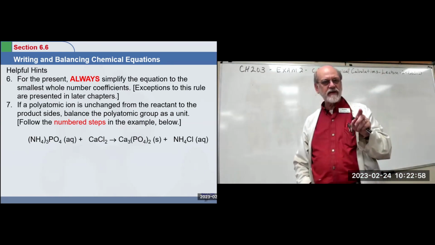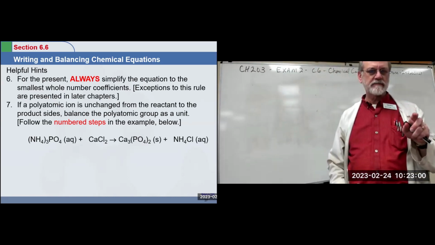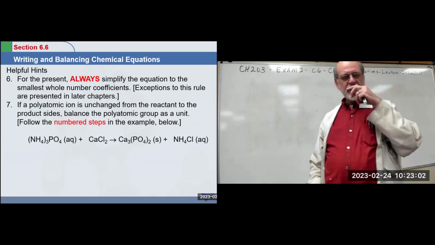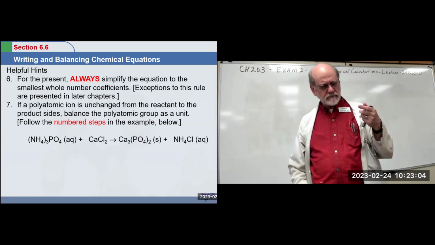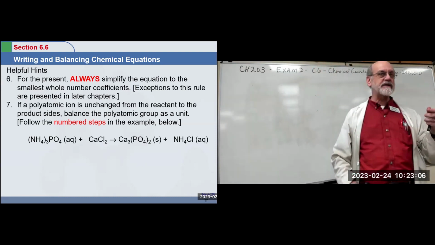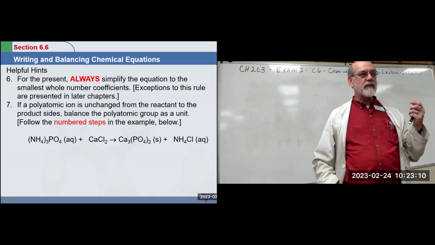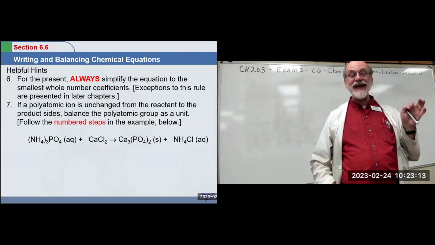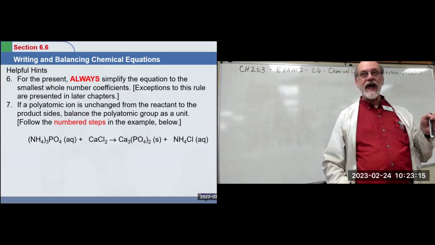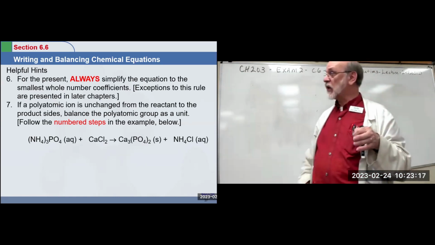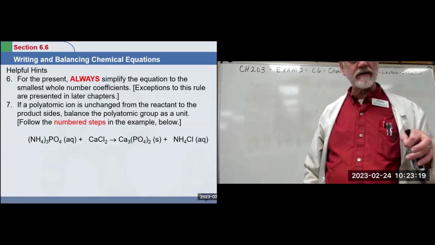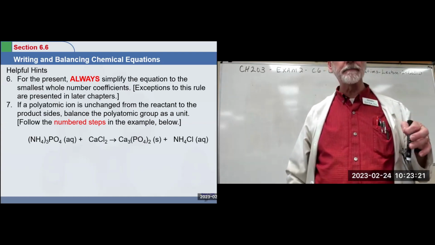The number 7 here, you'll notice that these compounds have polyatomic ions in them. If the polyatomic ion remains intact through the reaction, in this case, you've got ammonium on the left and ammonium on the right.